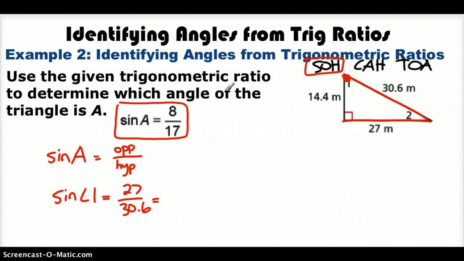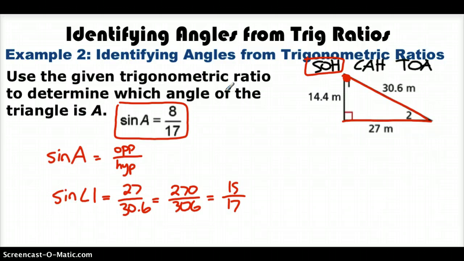Just like the last example, I really don't like these decimals, so I'm going to multiply both the top and the bottom by 10, which will give me 270 over 306. You can go through the process of reducing these. I'm going to cheat a little bit to save some time, but if we reduce those properly, it gives us 15 over 17, which doesn't really work for us.